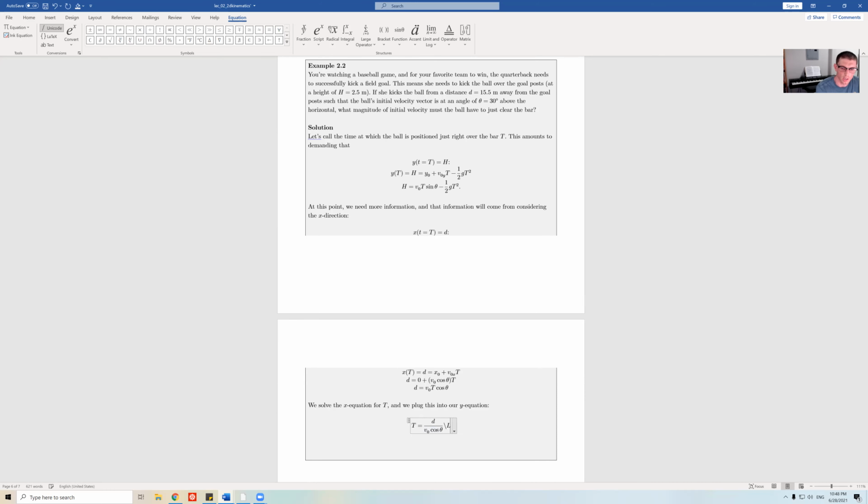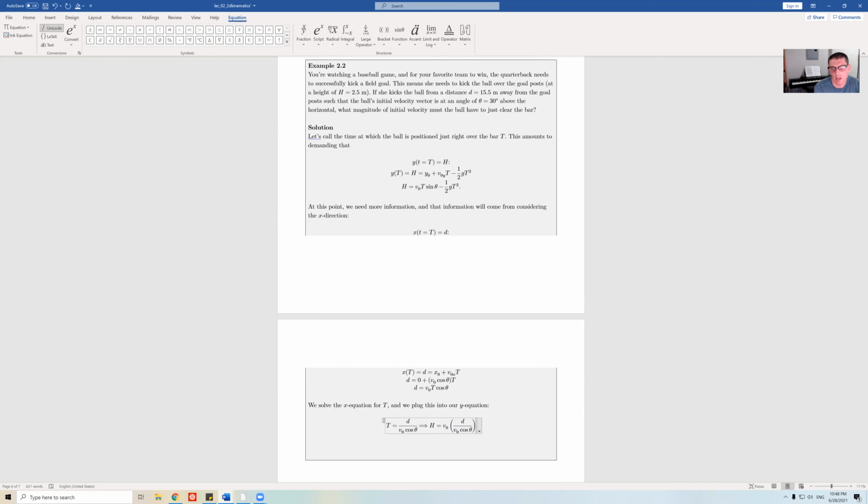And from this, we see that our y equation becomes something we can work with. And so we find that it's going to become v naught times d over v naught cosine theta.